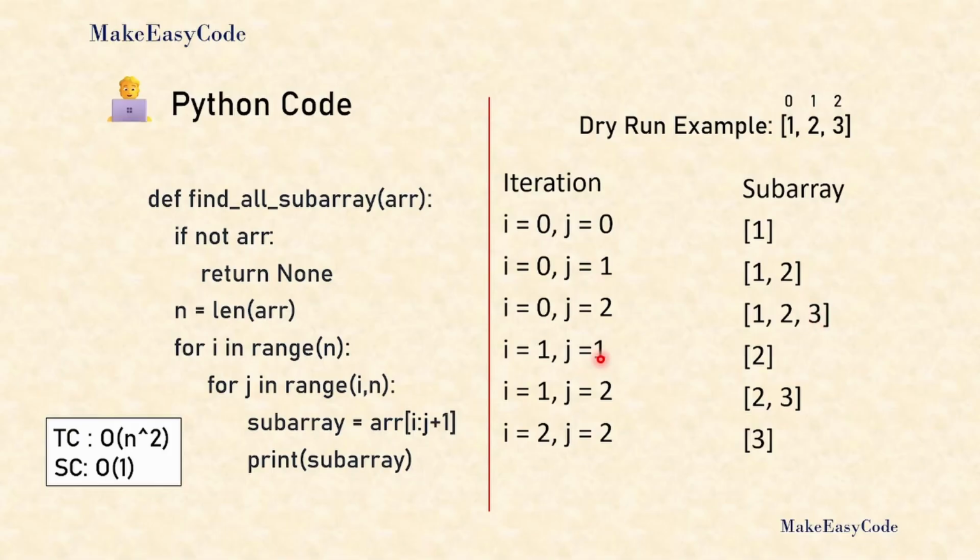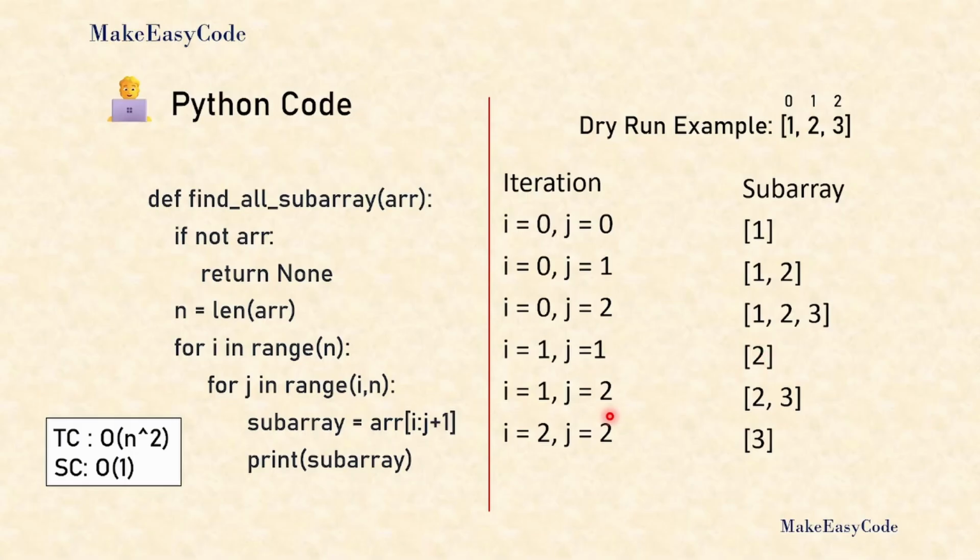Now we move i to index 1, and j equal to index 1. You can say both i and j are at index 1, so we get the subarray 2.